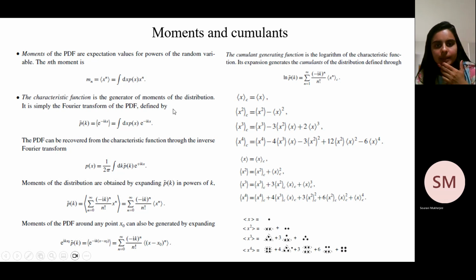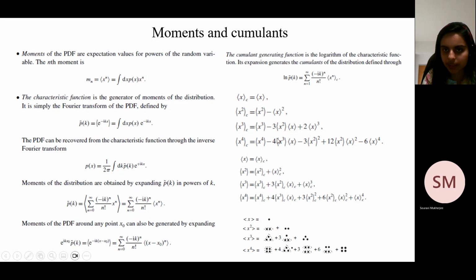So if you have some probability density function, you can do the Fourier transform on it to get the characteristic function, and a logarithm of that would give you the cumulant generating function. If you expand this now, the coefficients of all the powers of k would give you the corresponding cumulants. And you can also relate the cumulants to the different moments.